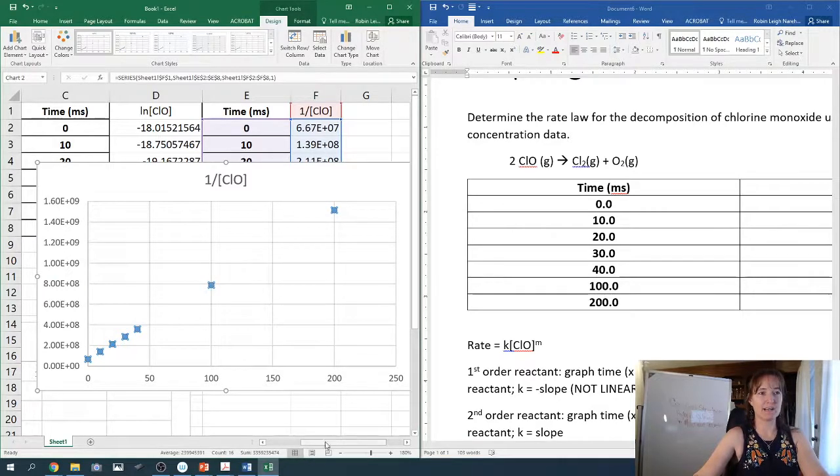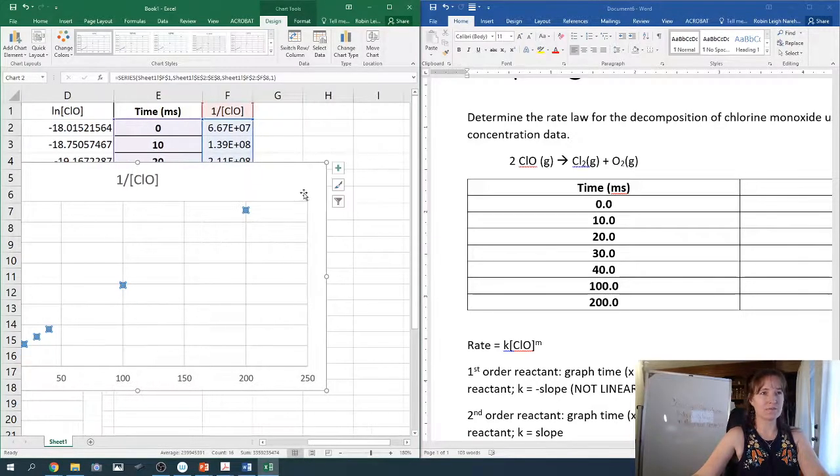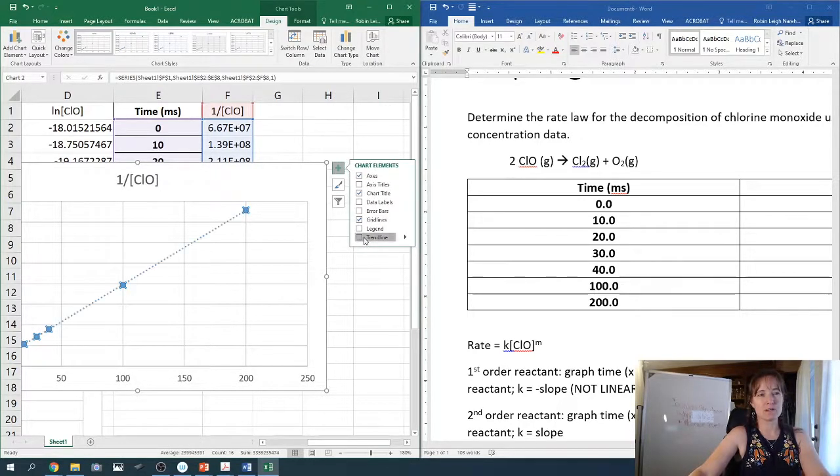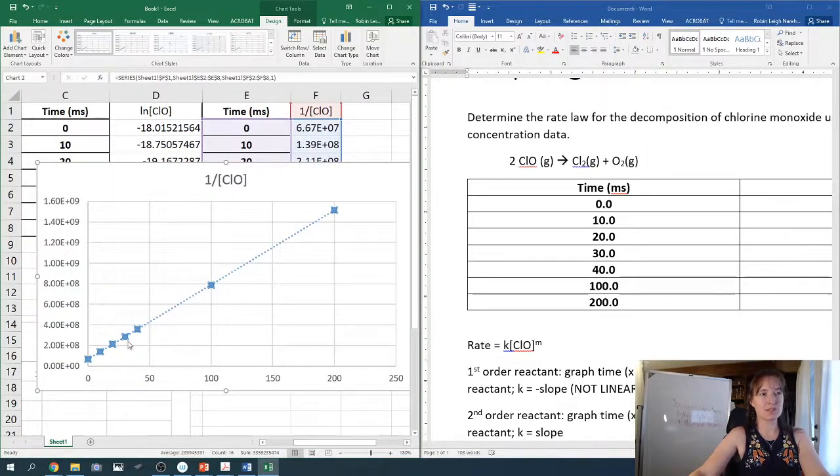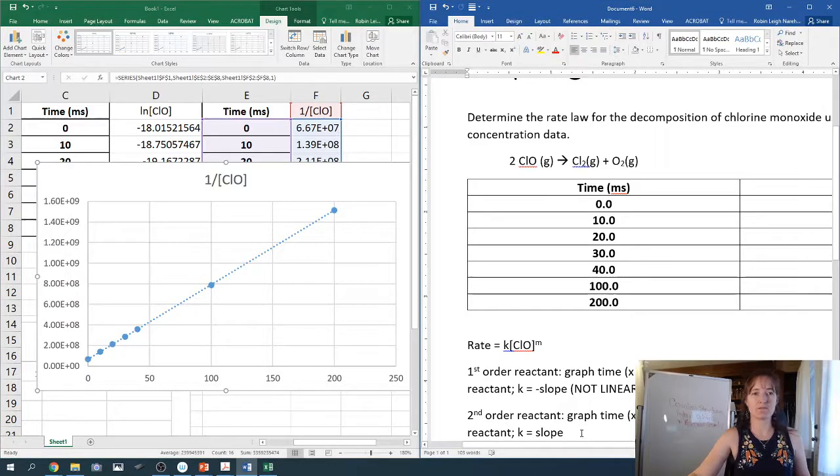So you want to highlight the dots and go over and do the little plus, and you want the trend line, and you want to look at it, and this looks linear because the trend line goes through the dots. The one that is closest to all the dots would be the order. And so this graph is linear.